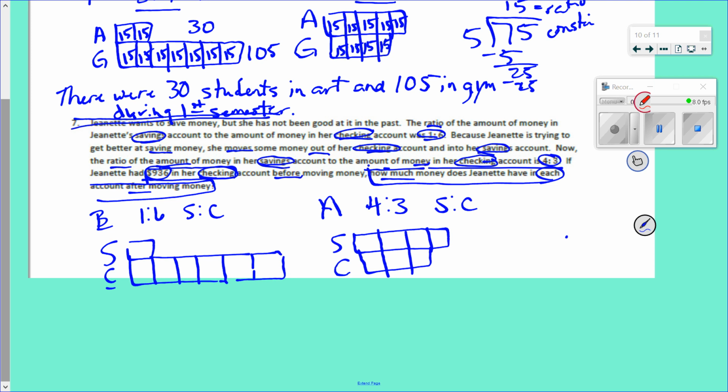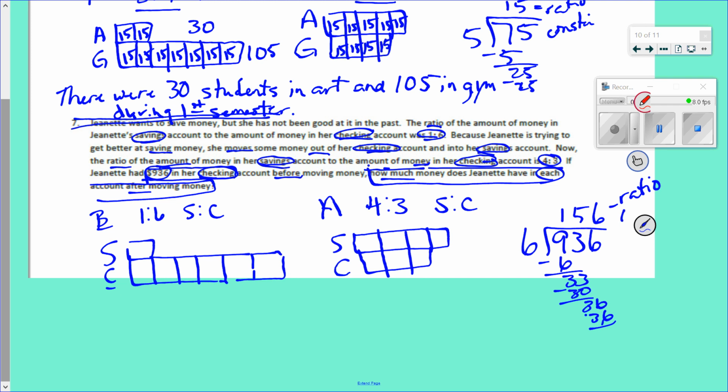So I'm going to take that 936, divide it by 6, and we've got 156. So that makes my ratio constant 156. So I can now put that 156 into every single box.